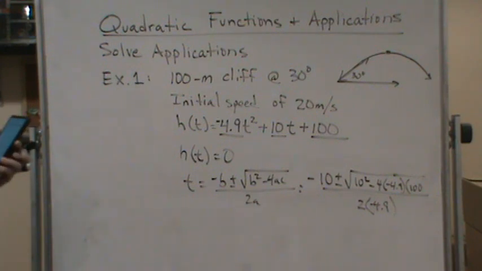Okay, so I got 2060 as the discriminant, so I'm going to take the square root of that.